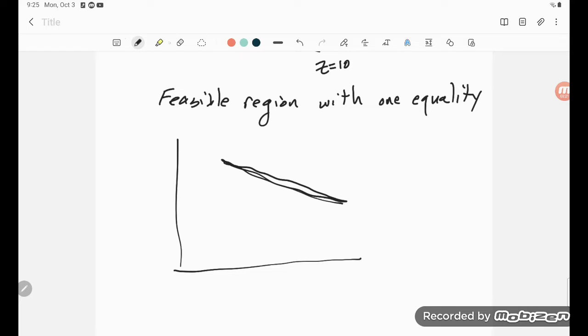That's terrible. Let me erase that and try again. Well, sort of better. That's supposed to be a straight line. Okay, so there's our feasible region. And then again, we might have a linear objective.